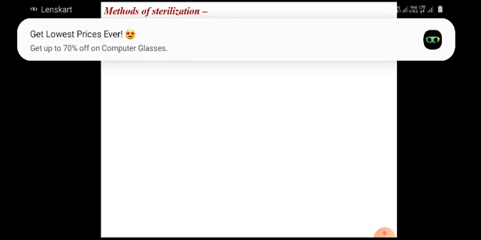Scale up means increasing the scale of fermentation from small scale to large scale. When we go from small scale to large scale, the volume of the medium increases, and therefore we need to redesign the process of sterilization, that is, decide the time temperature relationship, which we'll be studying later on.